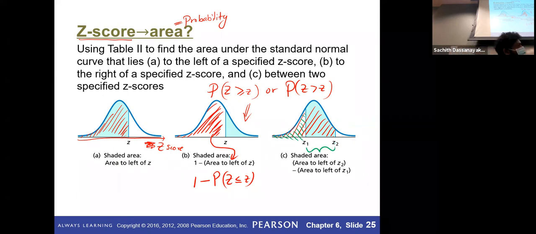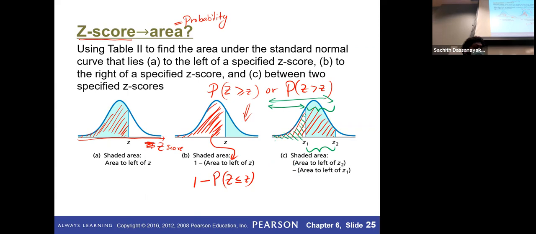This is how we find the area under the curve if we need the area between two values. See, the area to the left of Z2, which means this red area from here to here, minus the area to the left of Z1. Z1 means this area. The difference gives you what you need.